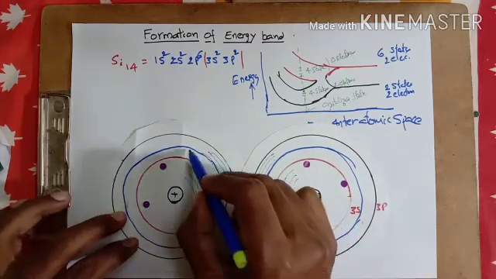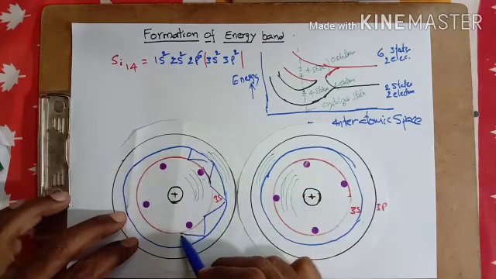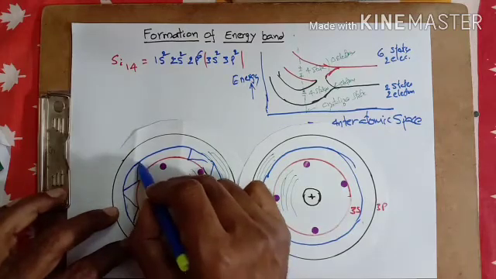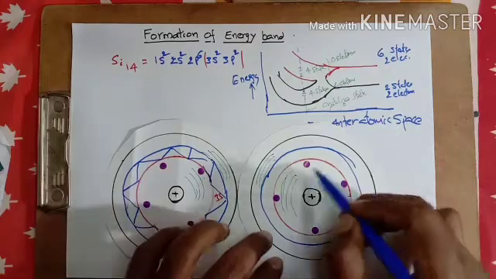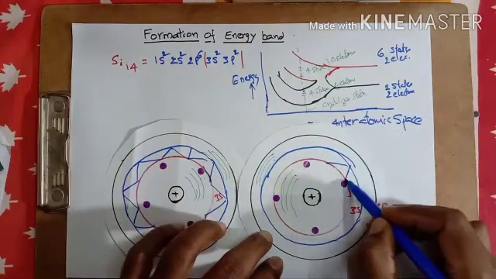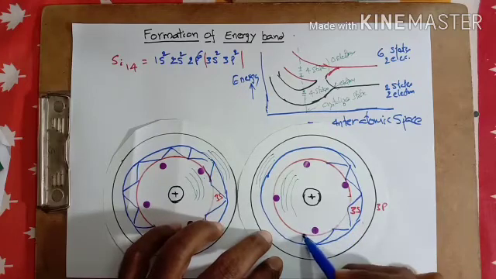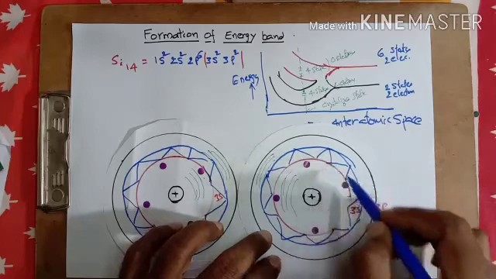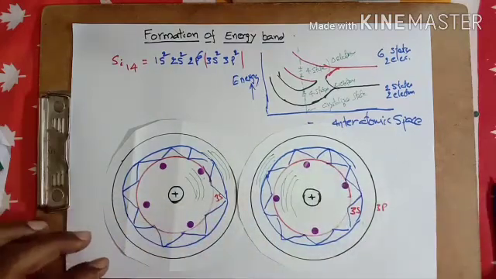And in this gap, no electron can occupy the energy. So these energy levels are not allowed for the electrons to occupy. So that is why these energy levels are called forbidden energy levels.